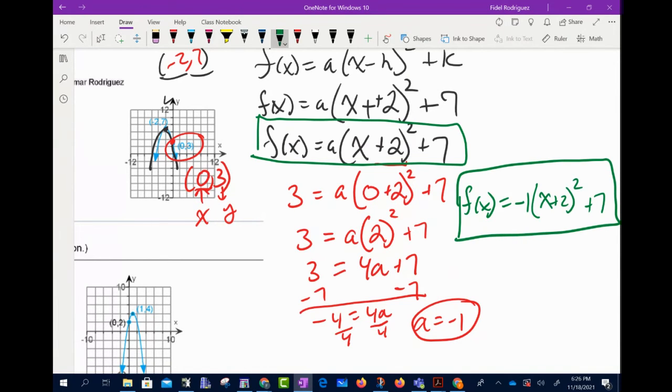Okay. Somehow on mine, apparently I have different numbers than you had. I ended up with a fraction.